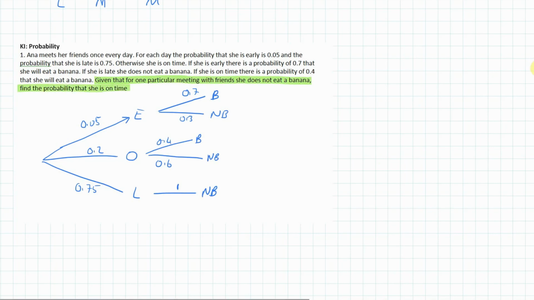Okay. So what we're trying to find out is the probability of on time given no banana. Okay, so I think for this we're looking at the probability of on time intersecting with no banana all over the probability of no banana.